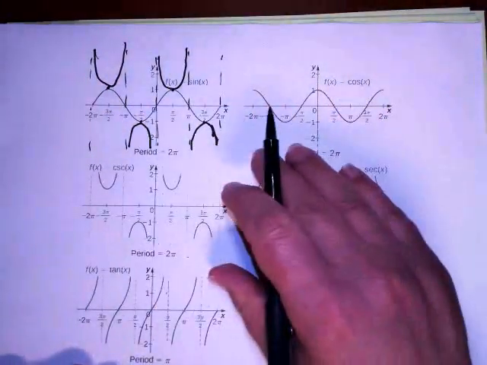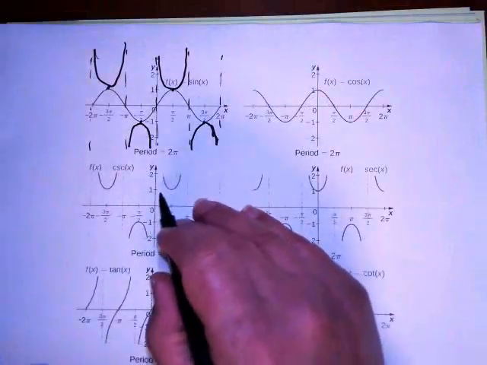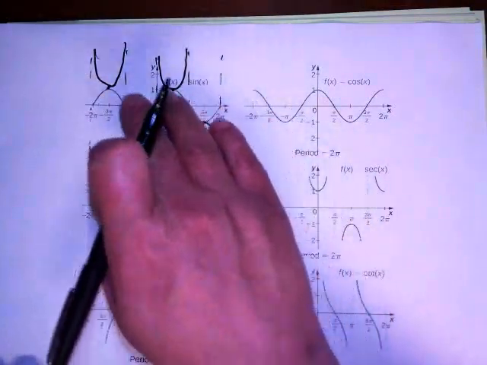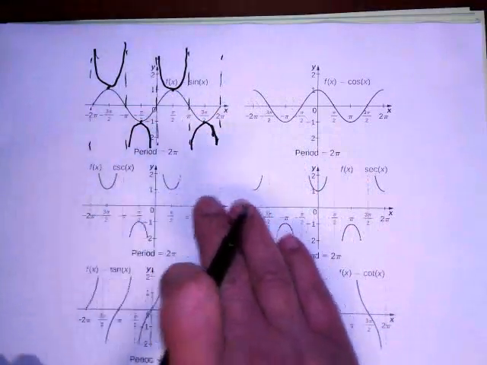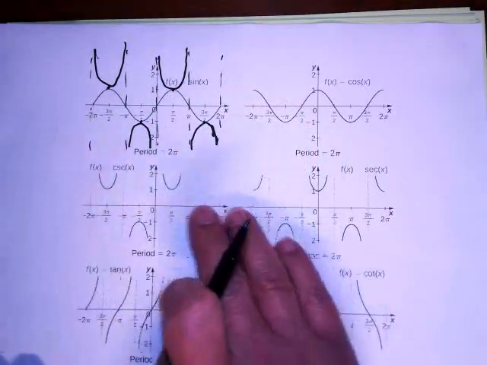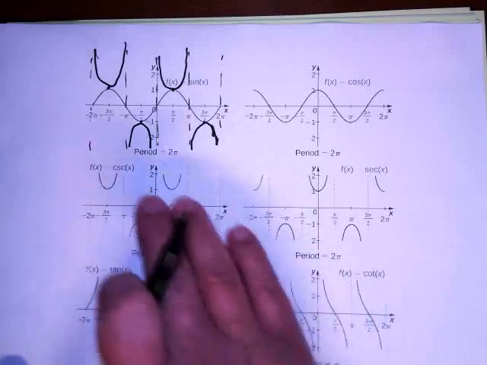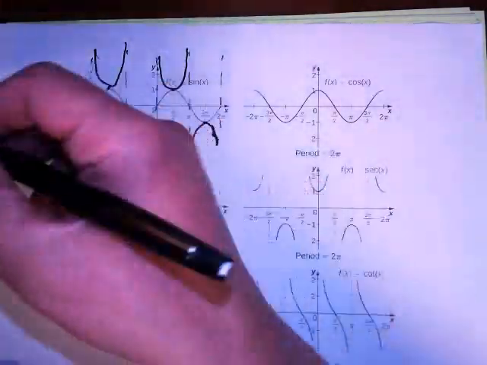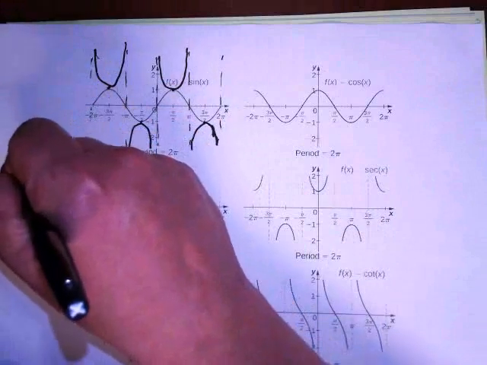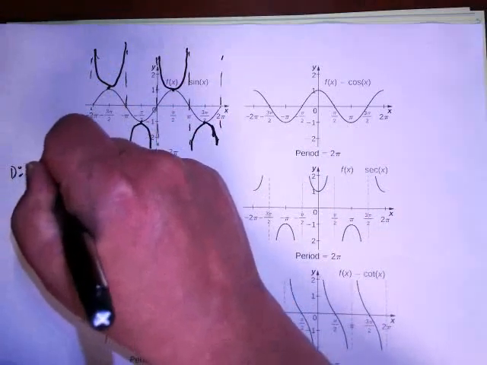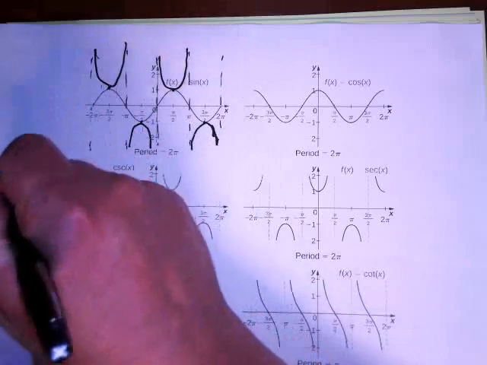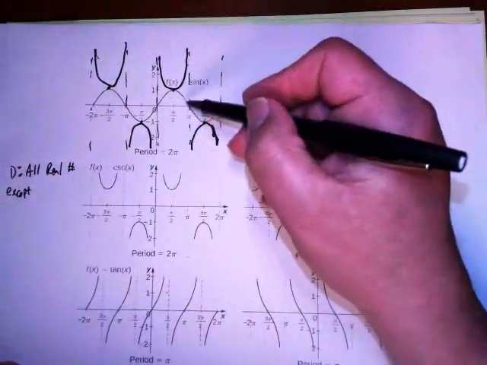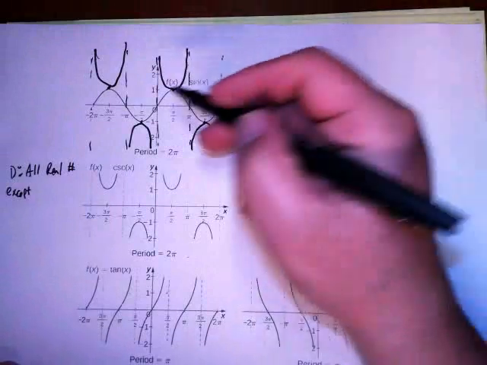And this is what it would look like, except you wouldn't have this part. This is the graph of the sine. You would only have these pieces, and that would be the cosecant.